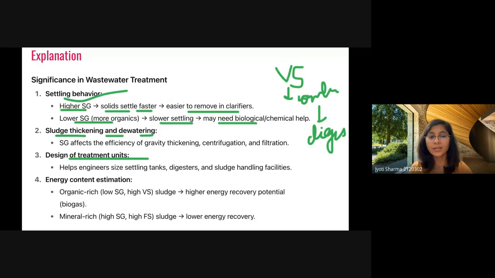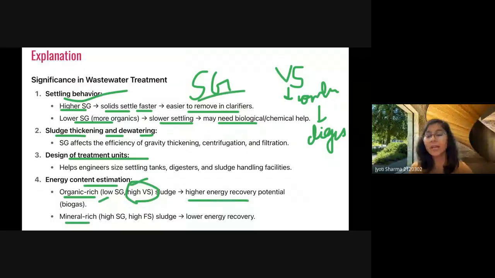It also helps with energy content estimation. If we have organic-rich sludge with more volatile solid, we may get higher energy recovery potential. If it is mineral rich, we get low energy recovery. So specific gravity is one characteristic of the sludge that can define a lot of things about it.